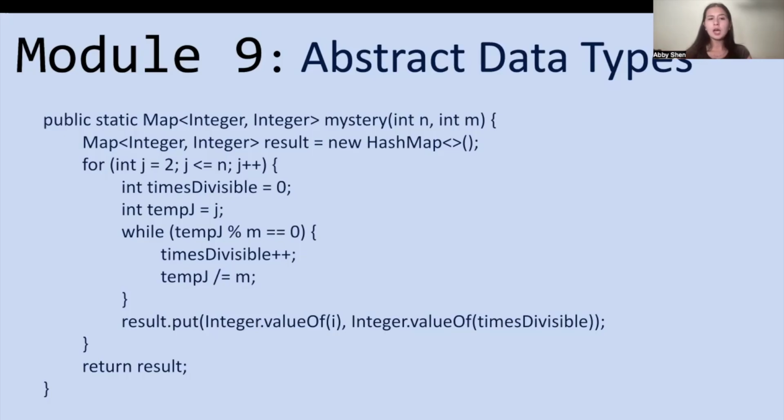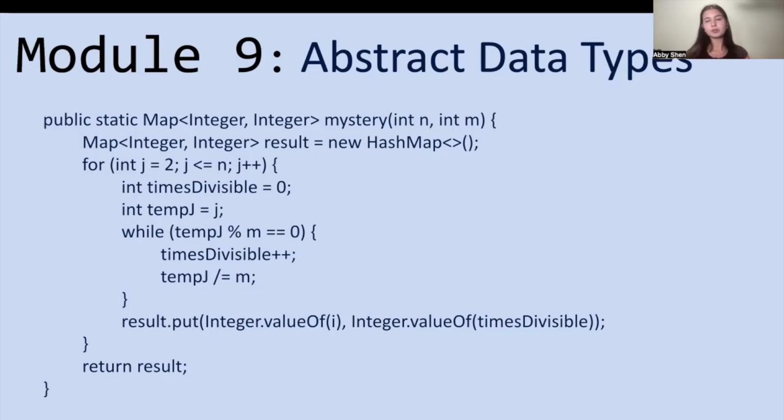What we'll do at each one of those values is set timesDivisible to be 0, because we want to start from 0. We can make a temporary j, tempJ, which will take in the value of i so that we can modify it and do some things to it and not mess up our for loop. And then while tempJ modulo m has a remainder of 0, that means, using the modulo operator, that tempJ is evenly divisible by m.